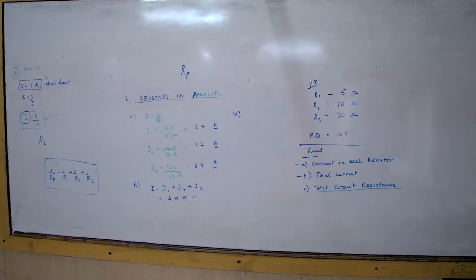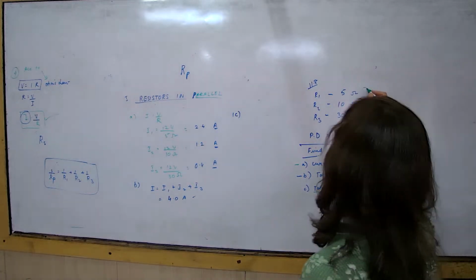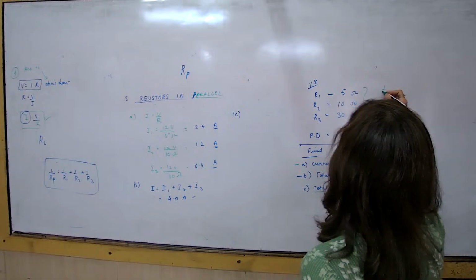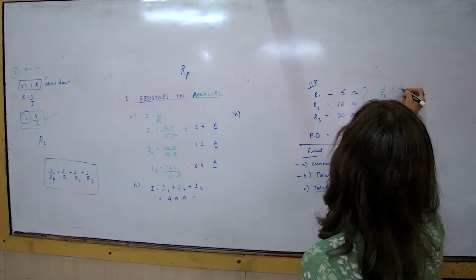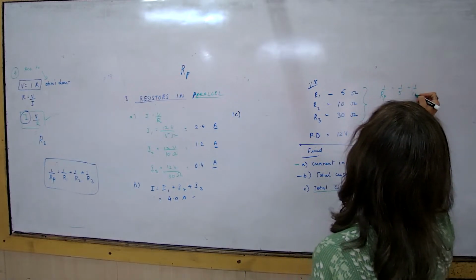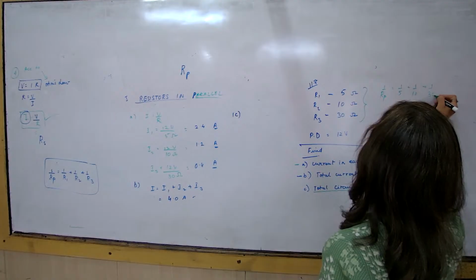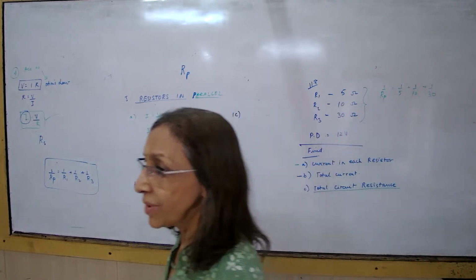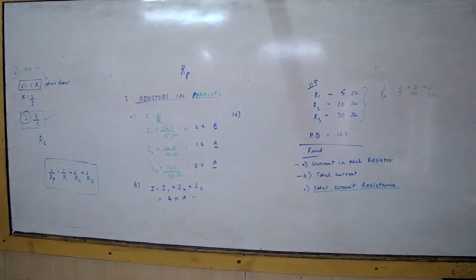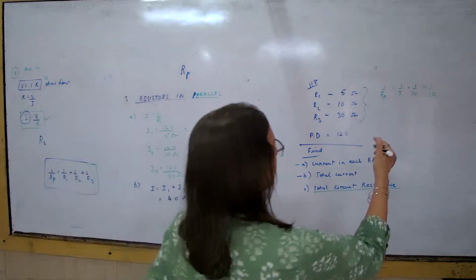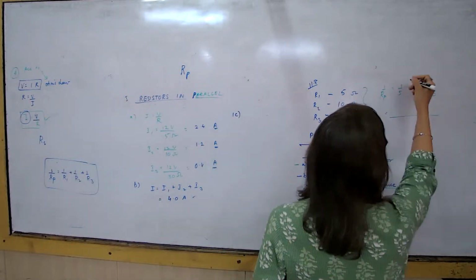12 upon 4. Exactly. Now what happens if they have given you that all the three of them are connected in parallel? So 1 upon RP, I did it this way, because there are three which are connected in parallel. So you are expected to do this. Now you have to find out the LCM and then do it.